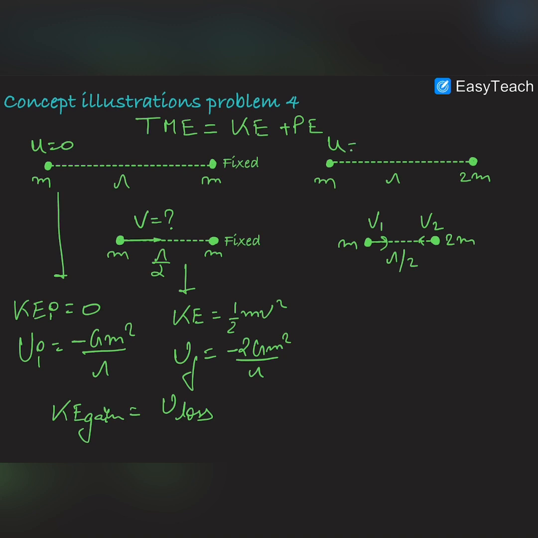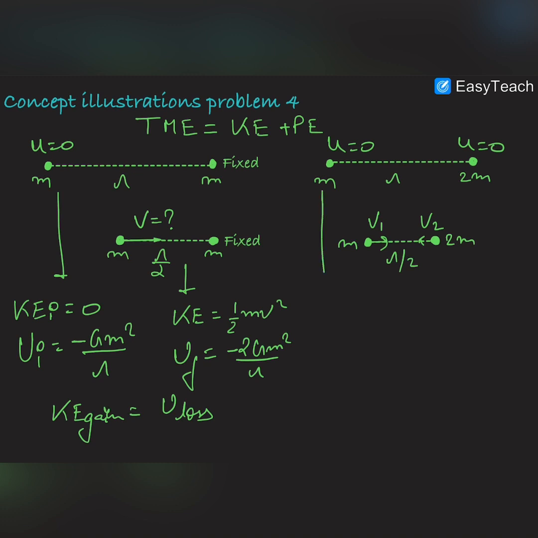Initially both masses were at rest, held by some force, and when we release them, at some instant they would be moving towards each other with velocities v1 and v2. The initial distance between these two masses was r, and the final distance is r by 2. So we need to find the velocities v1 and v2.